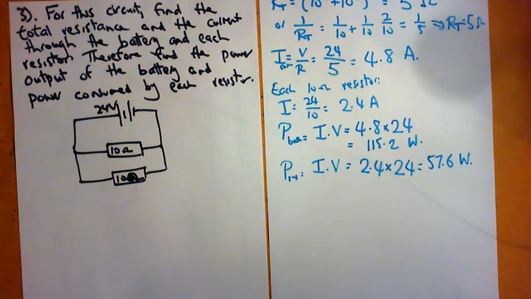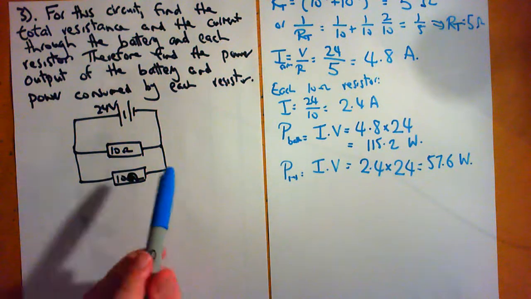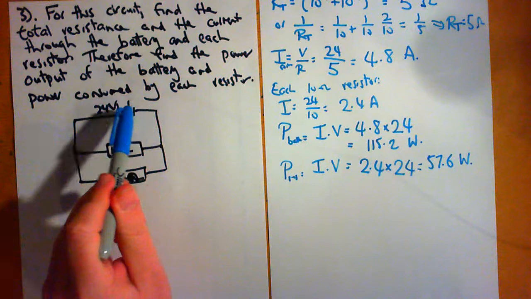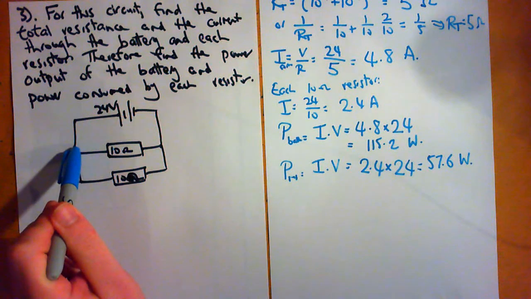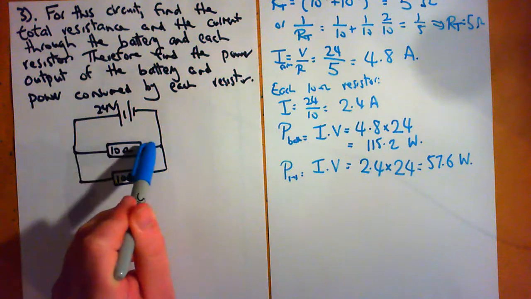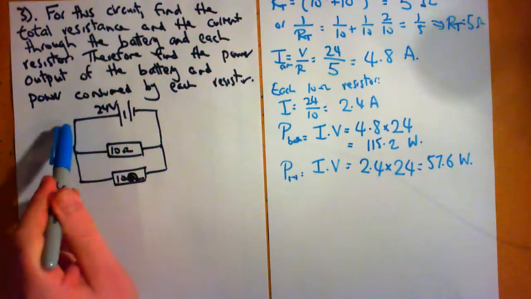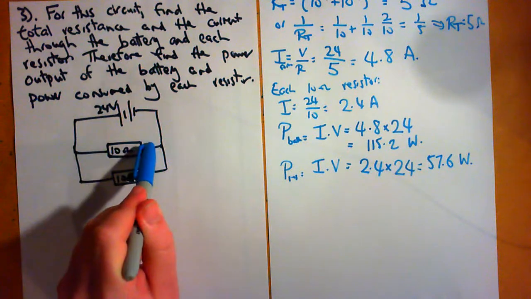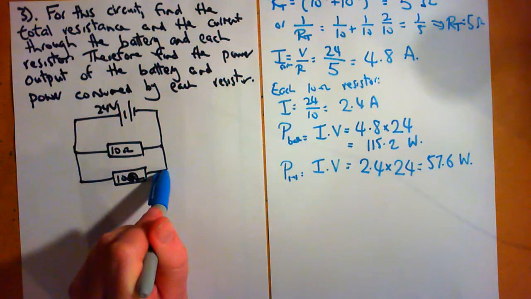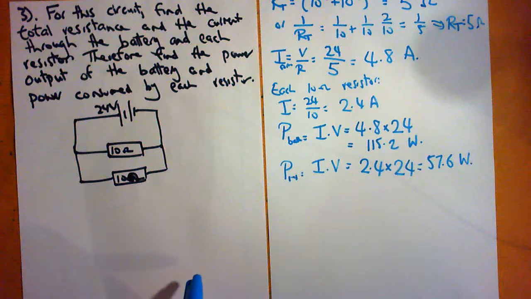Okay, so we have already checked that the currents add up properly. So the current through the common part of the circuit adds up to the same as what the two parallel branches add up to. So 4.8 around here, 2.4 plus 2.4 giving you 4.8.